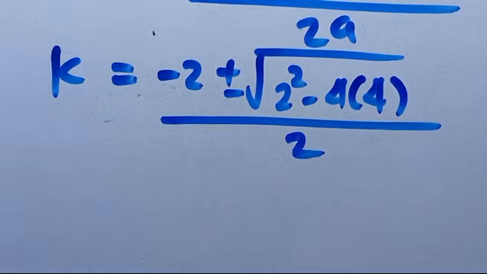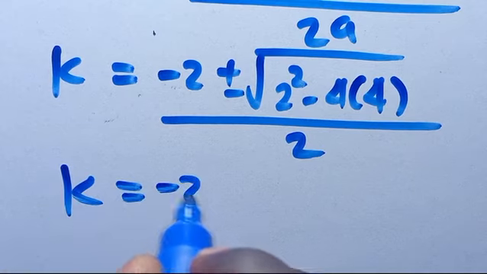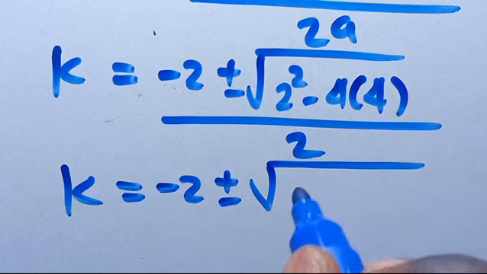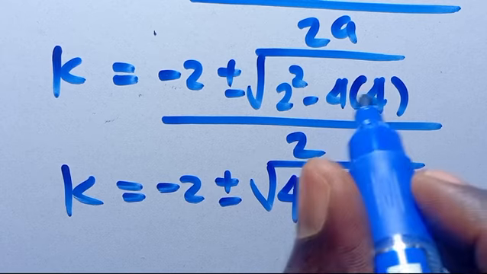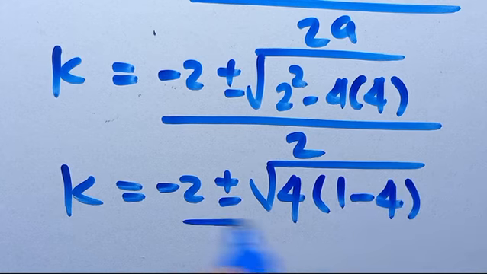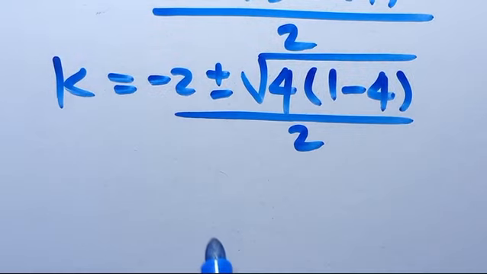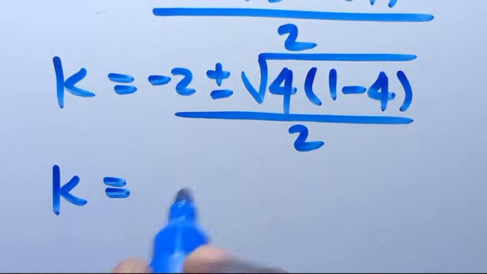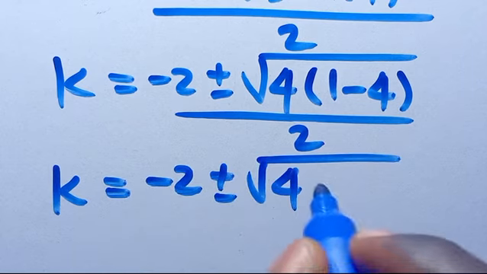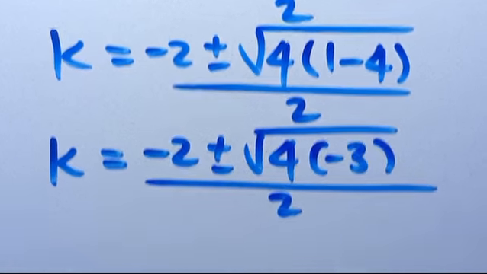So from here we have k equals minus 2 positive or negative the square root of 4, then we have 4 here. We can factor it out to be 1 minus 4, all divided by 2. So we have minus 2 positive or negative the square root of 4 multiplied by minus 3, over 2.